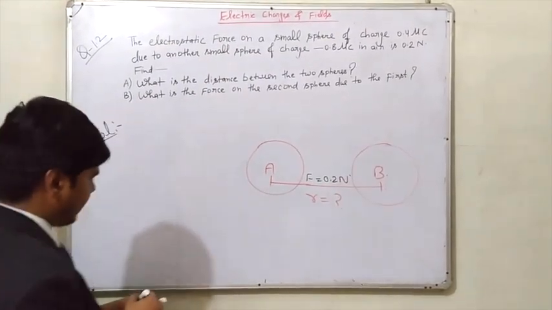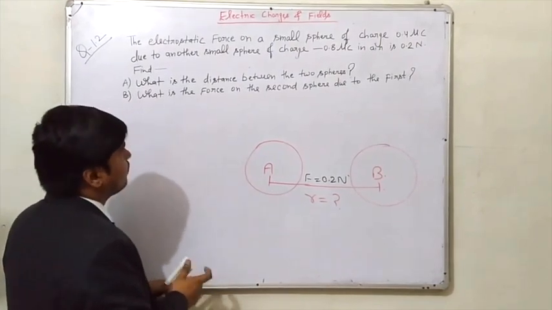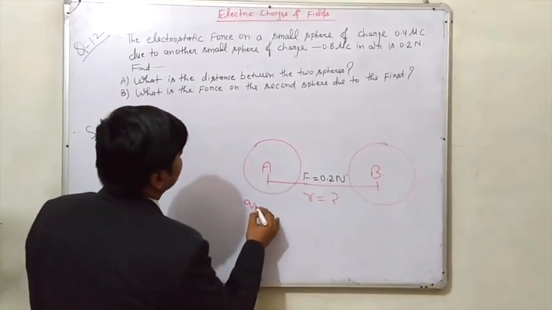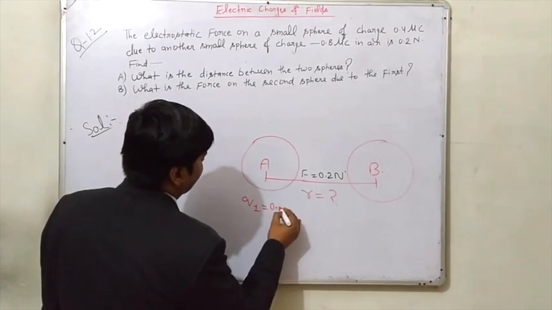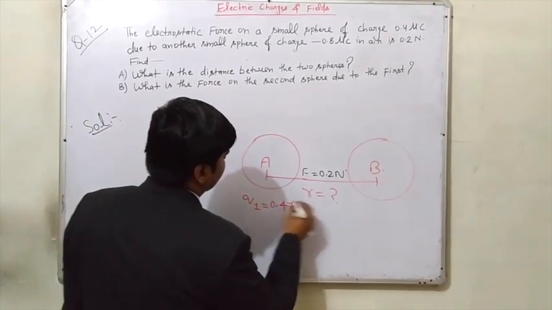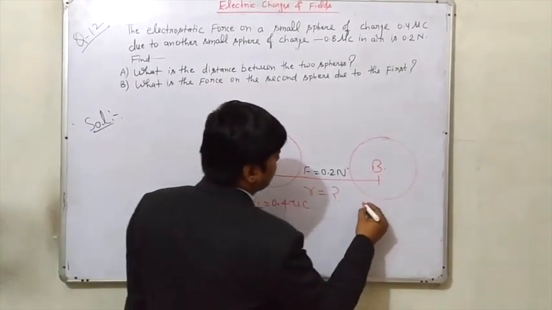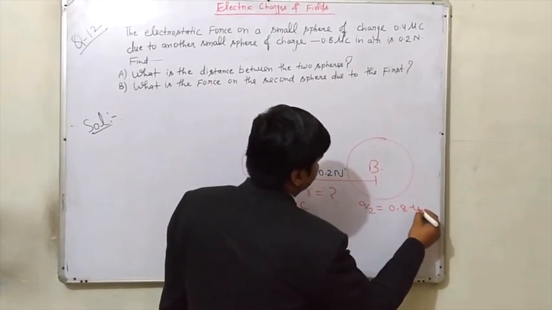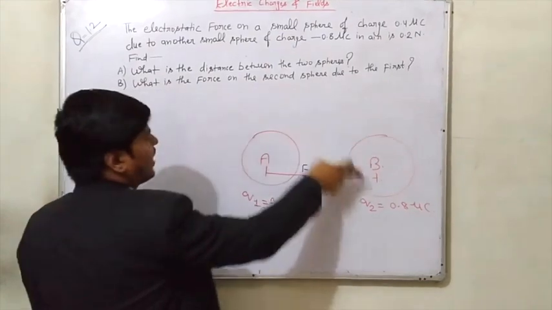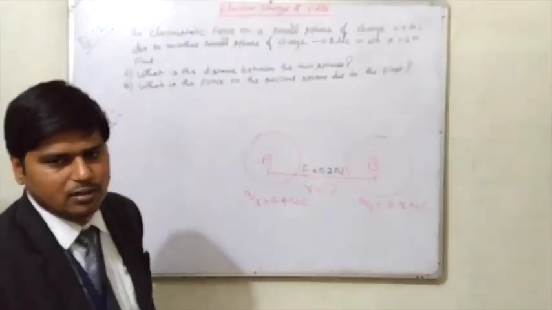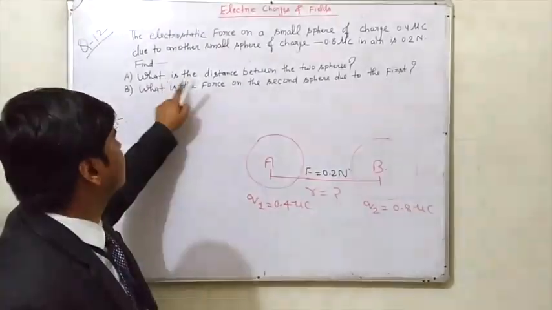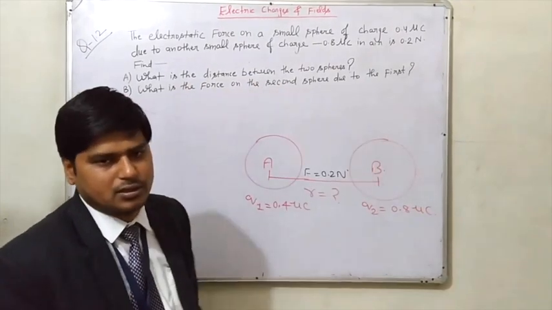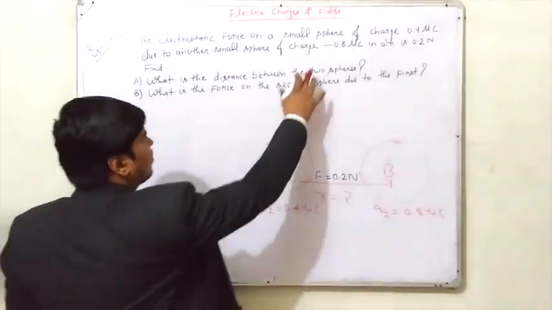Q1 equal to 0.4 microcoulomb and Q2 equal to 0.8 microcoulomb. In Coulomb's law we take only the magnitude. What we find is the distance between the two spheres. Students, you will take only the magnitude.